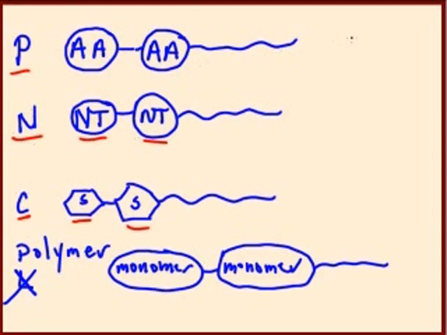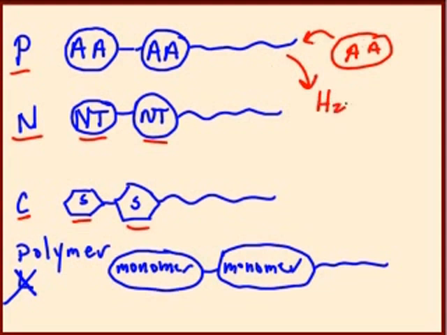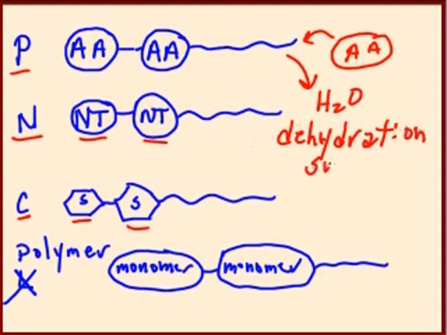So if you have another amino acid here and you want to join this amino acid to the long string, you will remove water, and that process is called dehydration synthesis, because you're synthesizing the polymer by removing water. We'll talk about this more later after we've talked about each of the polymers.